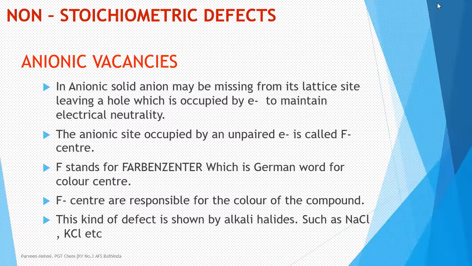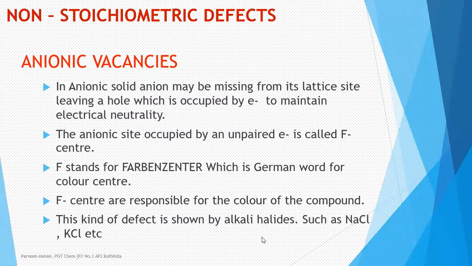So in anionic vacancies, in ionic solids, an anion may be missing from its lattice site, leaving a hole which is occupied by an electron to maintain electrical neutrality. The anionic site occupied by an unpaired electron is called F center.